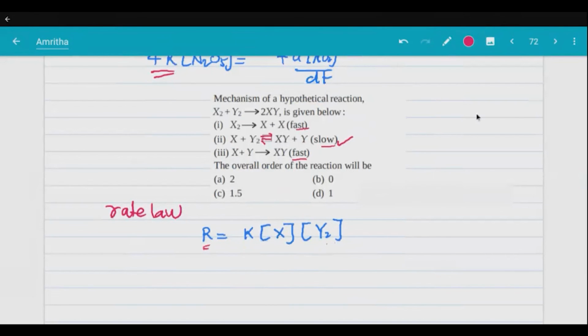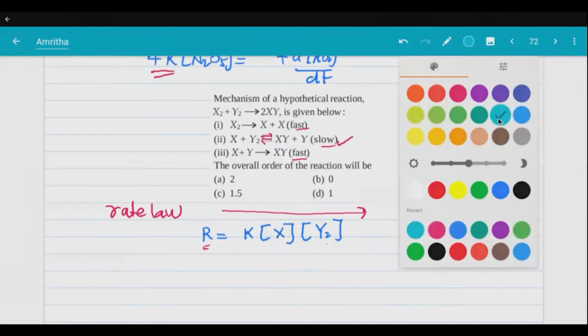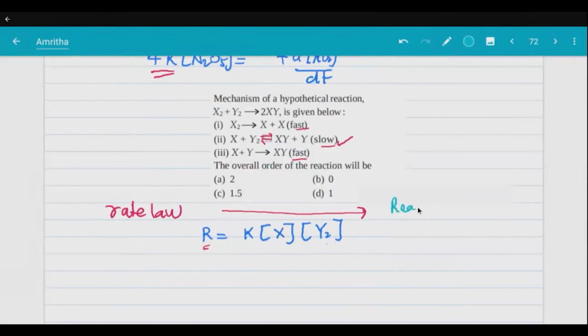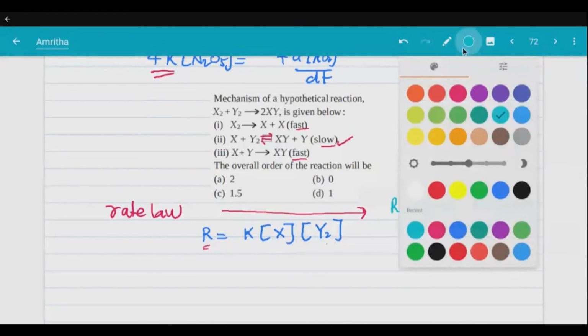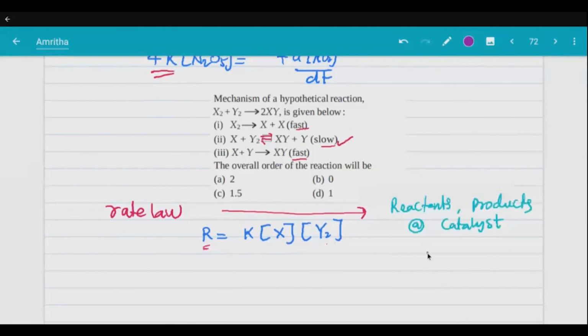So the rate law must contain reactants, or sometimes, very rarely, even products or catalyst. What we have to make sure is that there should not be any intermediate in the rate law.